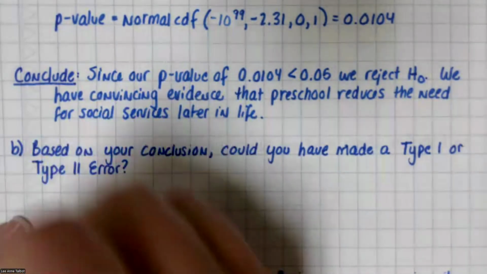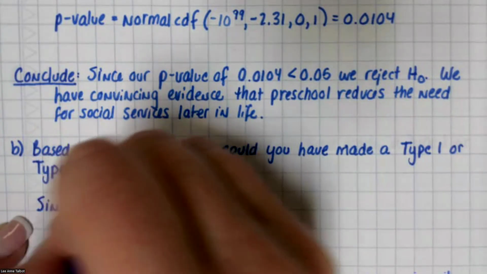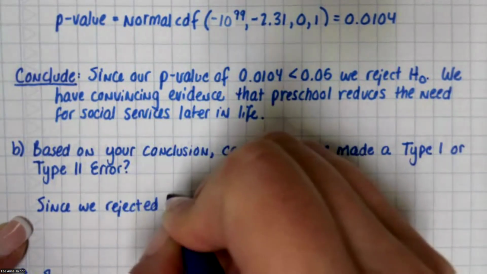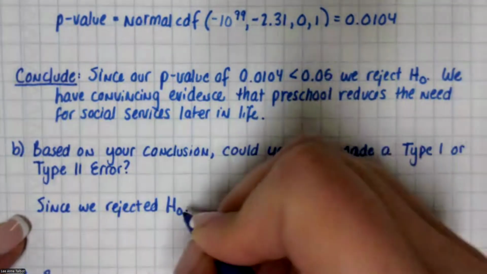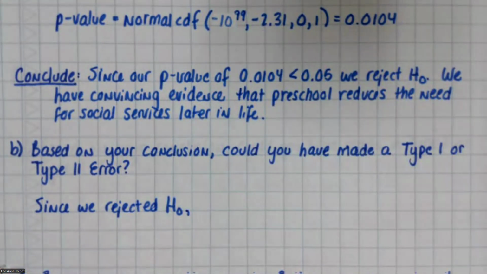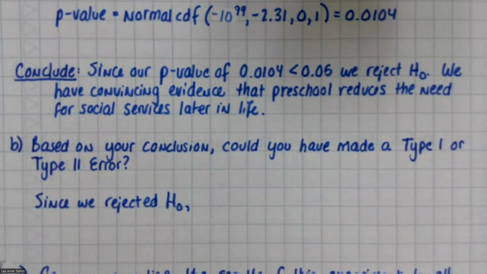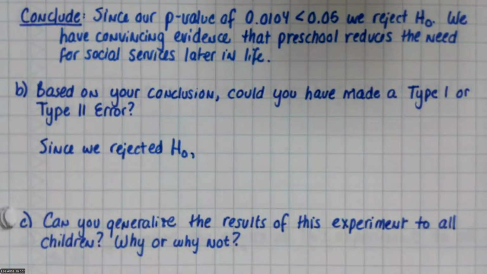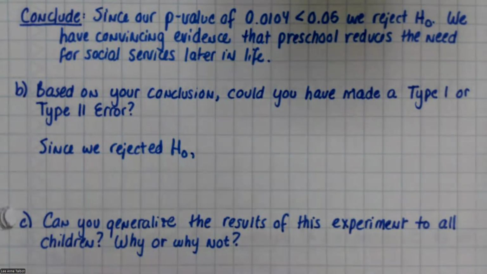Okay, so if you reject the H0, which I love to do, is it type 1 or type 2 possible? Type 1, remember? Because fail to reject is 2, because it's got the word 'to' in it, which sounds like the number 2.